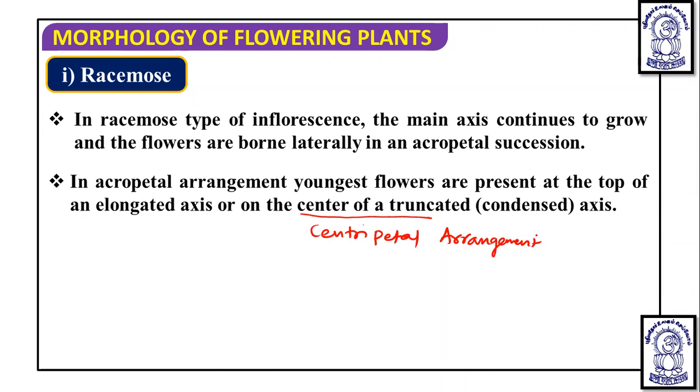If you want to understand this, suppose this is a stem and it keeps on growing, but on the nodes you will see the presence of flowers like this.